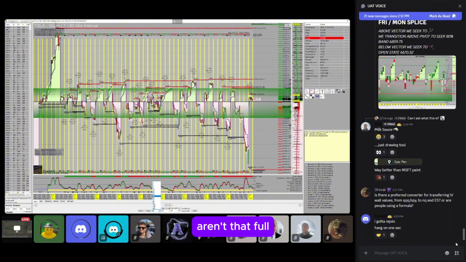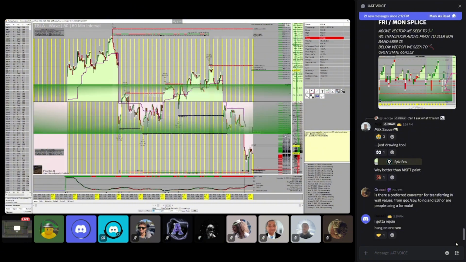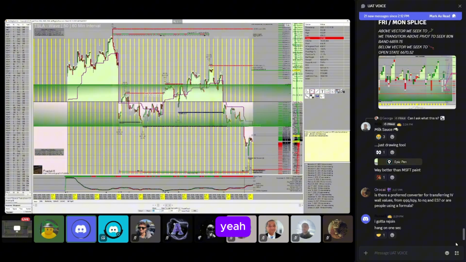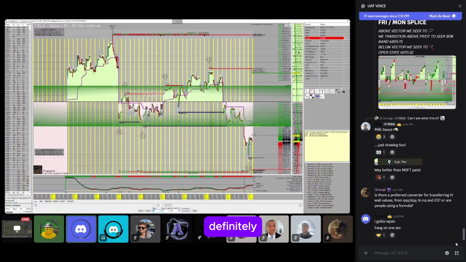If your wins aren't that full X, it can mess up your ratios, because you're not defined by your winners, you're defined by your losers. However, if you don't have big winners, your losers will just chop you up. Yeah, on the contracts, definitely.